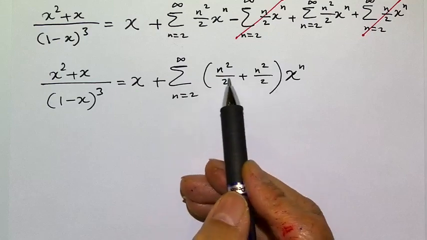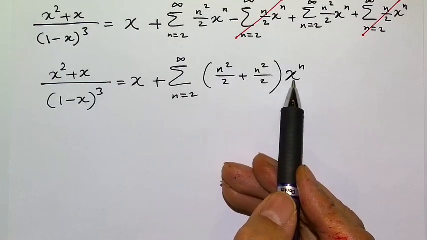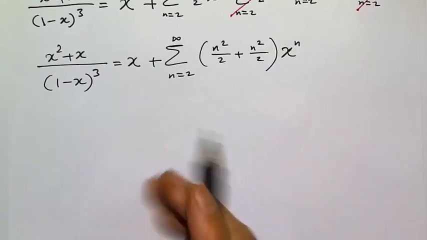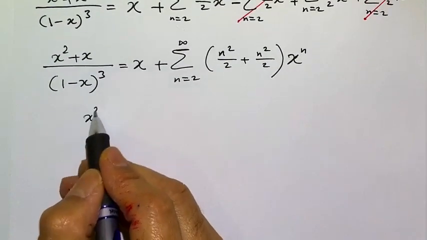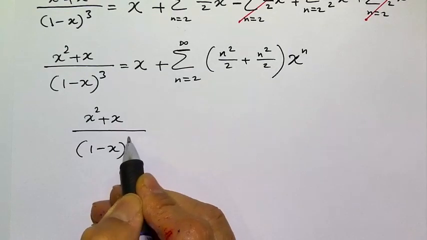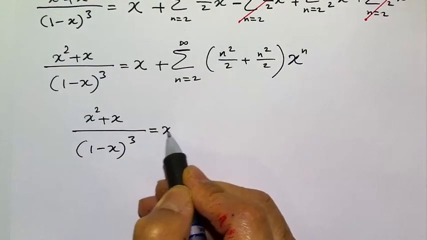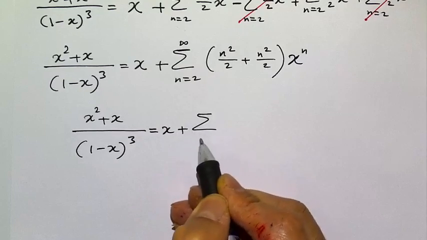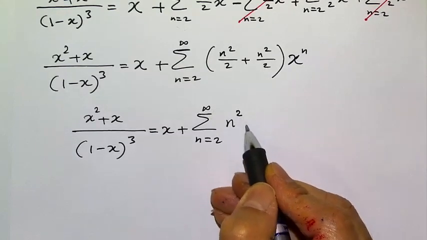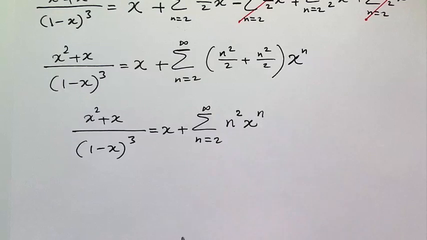The 2's cancel out. We end up with n squared times x to the n power. So let's write that down. Like that, n squared times x to the n power.